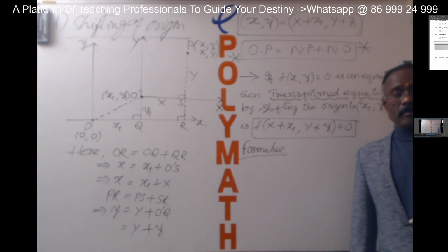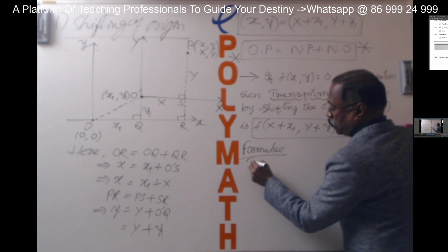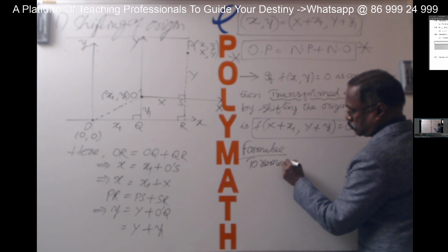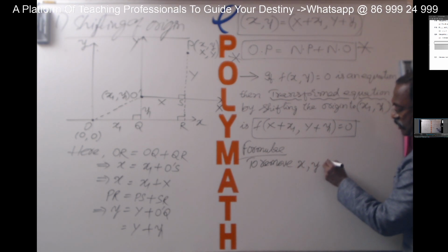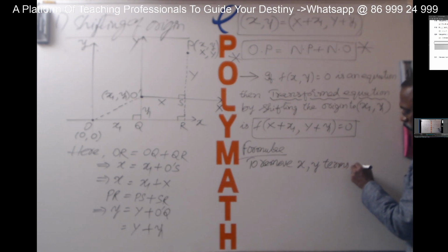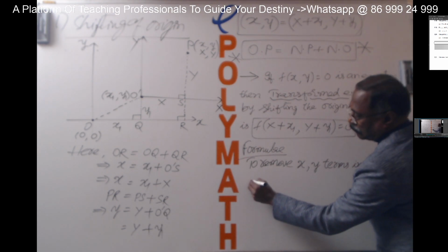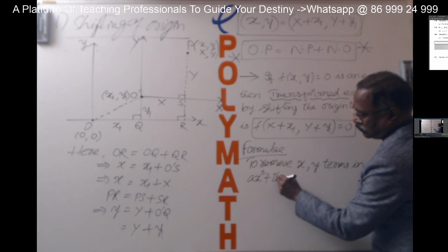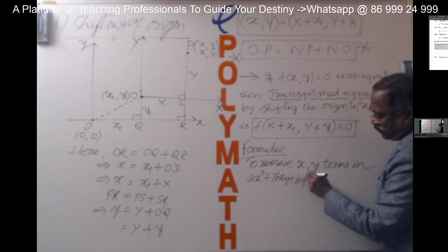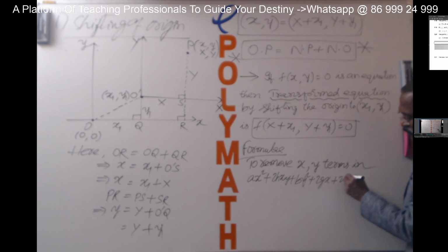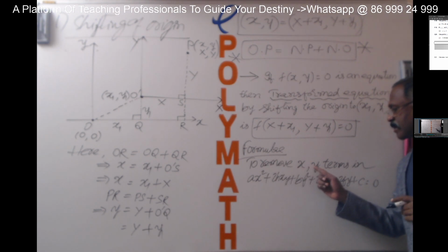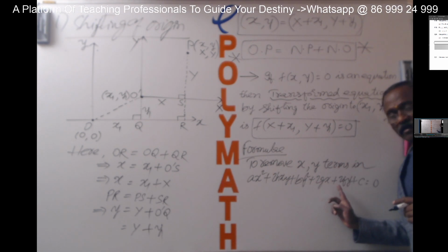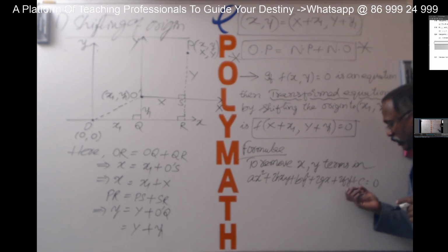To remove first degree terms, rather x comma y terms, in ax square plus 2hxy plus by square plus 2gx plus 2fy plus c equal to 0. What is it that you have to understand? To remove x comma y terms, this is x term, this is y term, this is x term, this is y term.